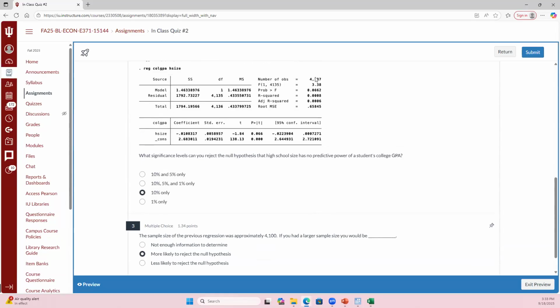The sample size we had before was approximately 4,100. It's a little bit higher. I was just using it as a reference. If it makes it easier, think about it this way: if you had a 1,000 larger sample size. No, like I said, I got a little late there.